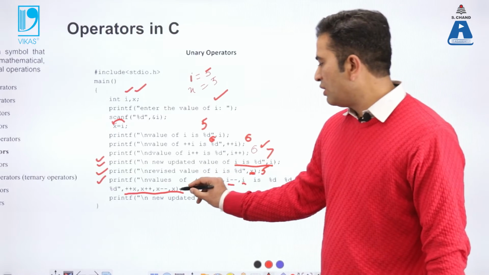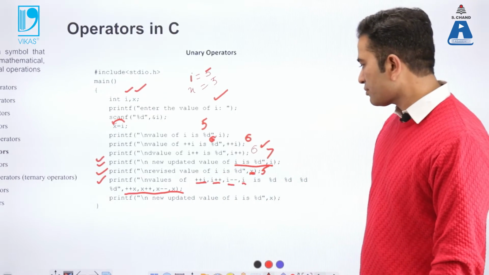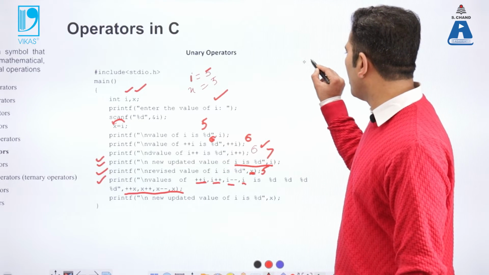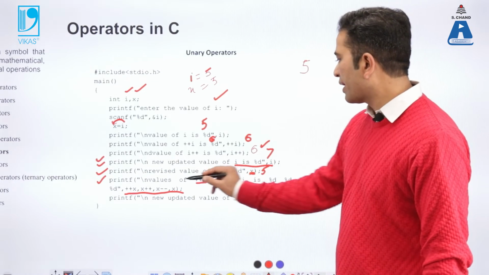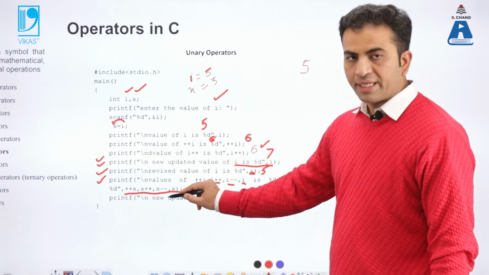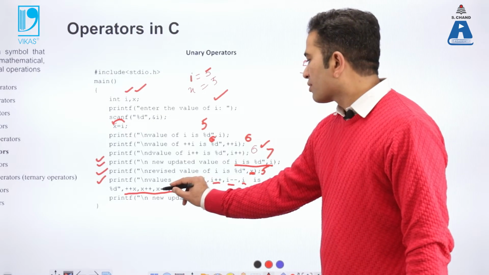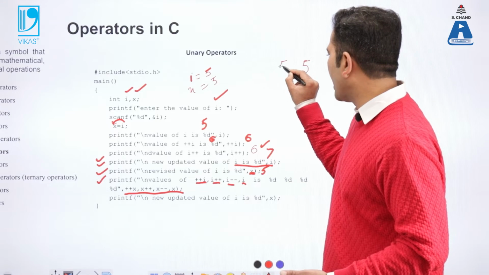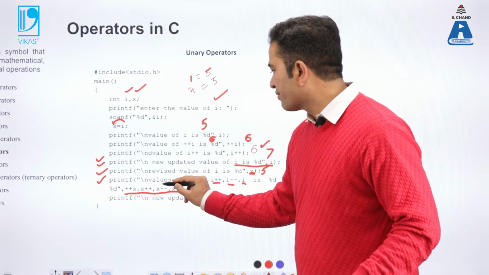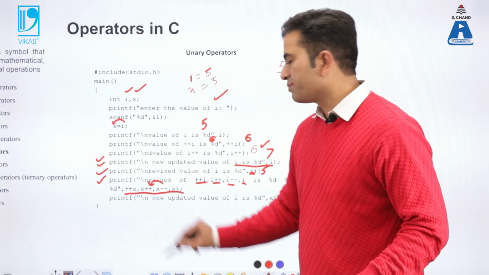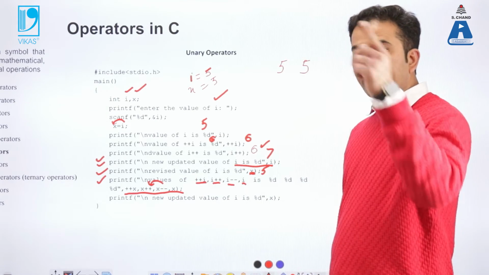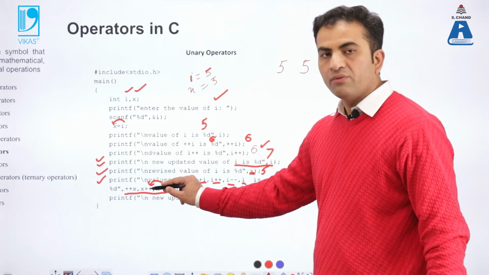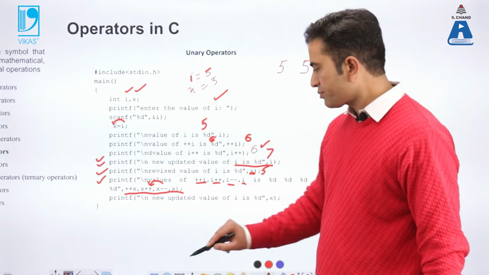So first the value of x, right to left. The value of x is 5, so first it prints the value 5. Then x--. Here it is post-decrement, so it will print 5, but it gives the value 4 here. It assigned the minus 1 value to this variable.